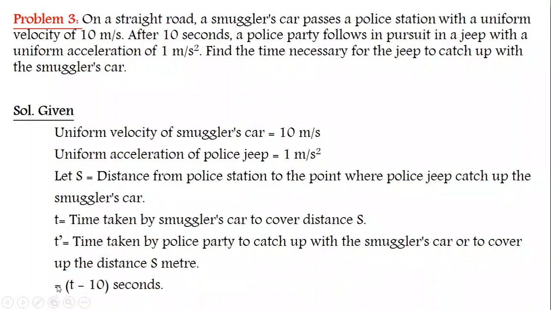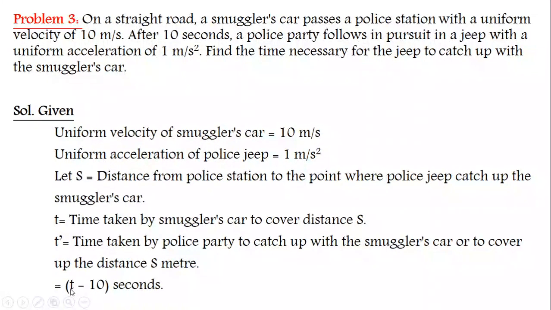Here t dash equals t minus 10 seconds, because the police jeep starts after the smuggler car passes the station. After 10 seconds only, the police jeep starts from the station.